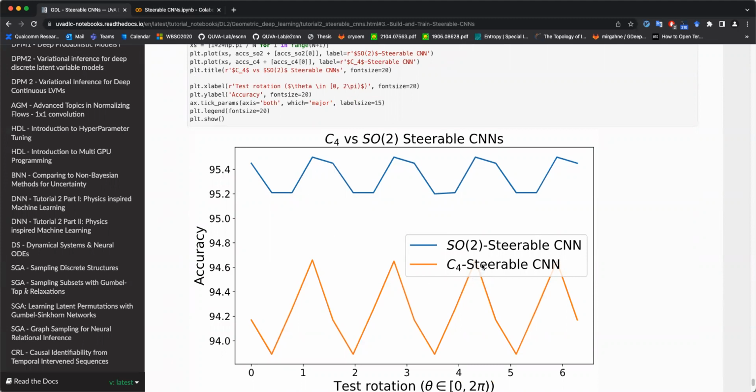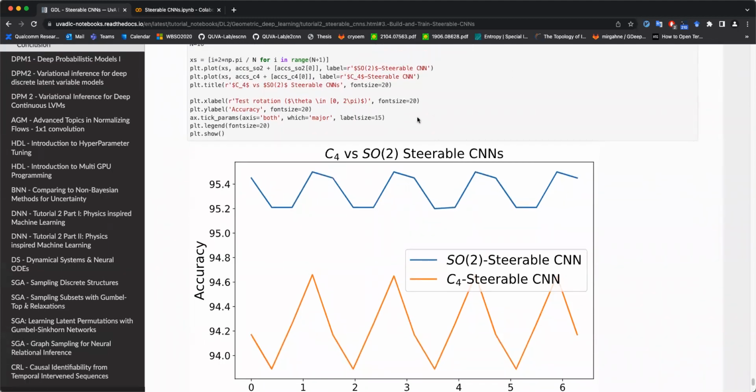The C4 equivariant network is also perfectly equivariant to these 90 degree rotations, but the variance in the accuracy between all the angles between 0 and 90 is much larger than the SO2 equivariant one. And usually the trade-off is not, of course, having perfect SO2 equivariance, because that comes with some additional cost in increasing the number of samples. But what this structure provides you is a way to find the right balance in between.